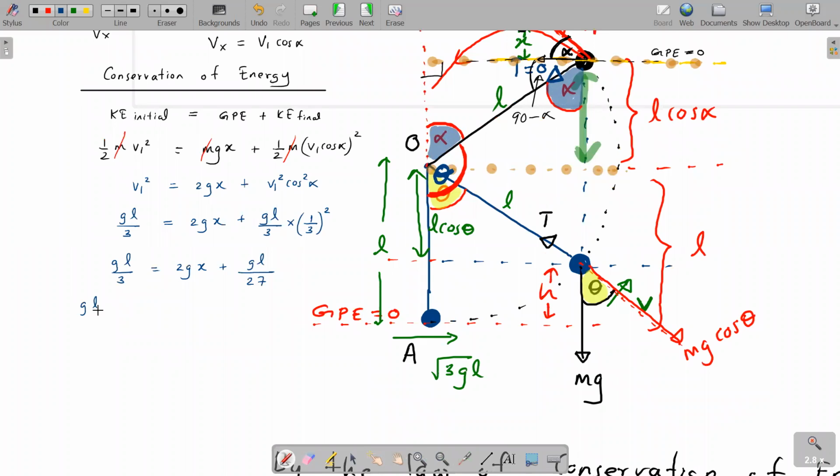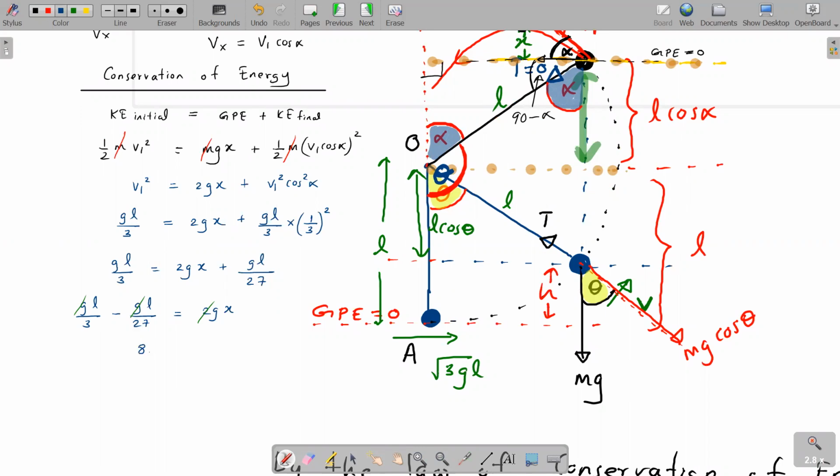So gl over 3 minus gl over 27 equals 2gx. Actually, g is common to everyone; I should have cut it out. So L over 3 minus L over 27, how much is that? 3 times 9, so 9 minus 1, 8L over 27.